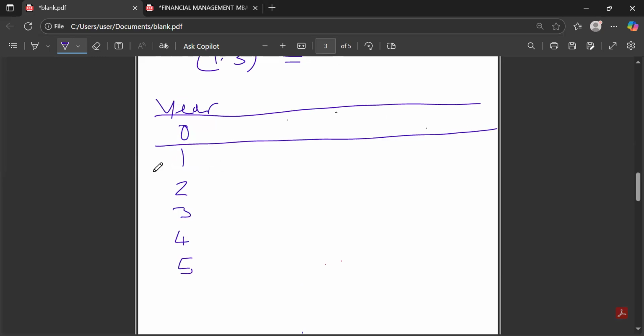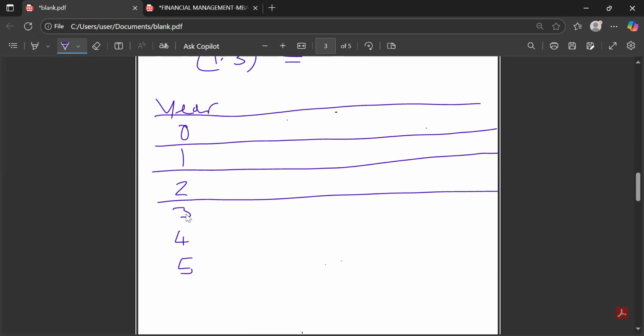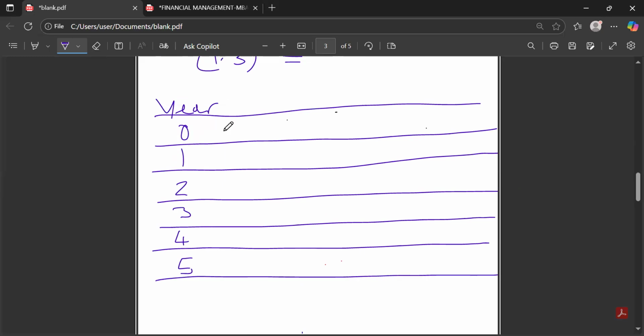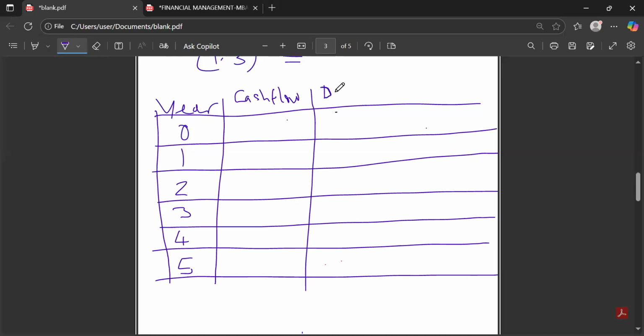So you have here 0, 1, 2, 3, 4, 5. Then you go for cash flow, discount factor, and the present values.